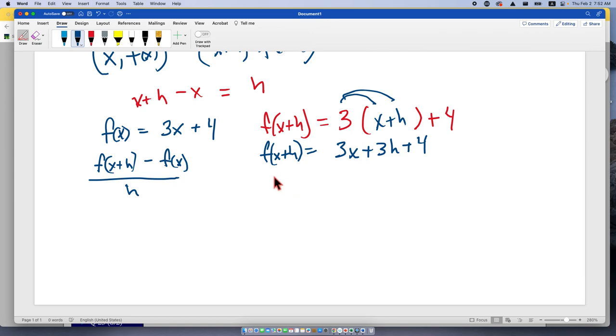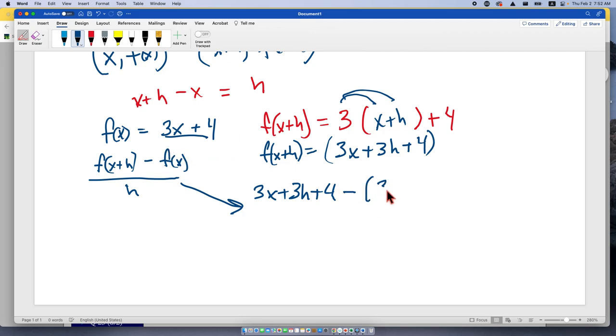Okay, what's f of x? Well, we've got it right here. Don't really need to rewrite it. But watch what happens when we put it into this formula. So now I've got this part at the front, and I'm going to subtract. Now this is where a lot of errors can creep in, because you think, oh, just subtract 3x plus 4, so you put minus 3x plus 4.